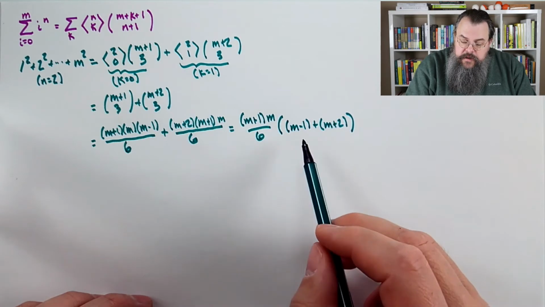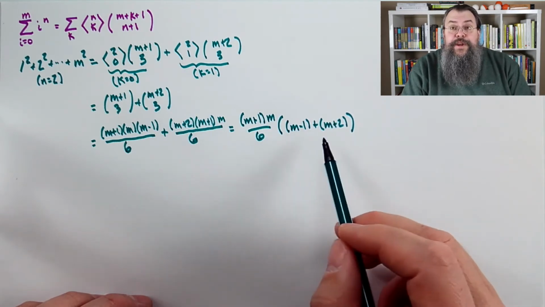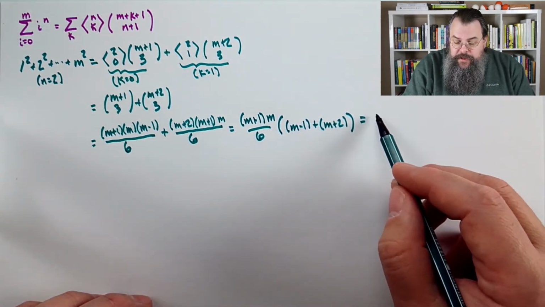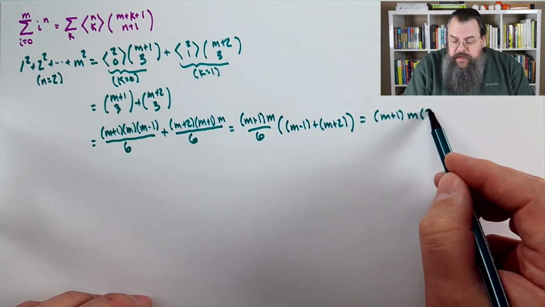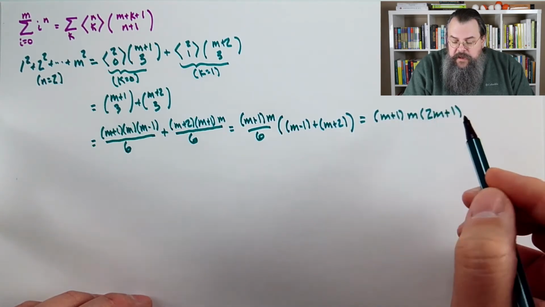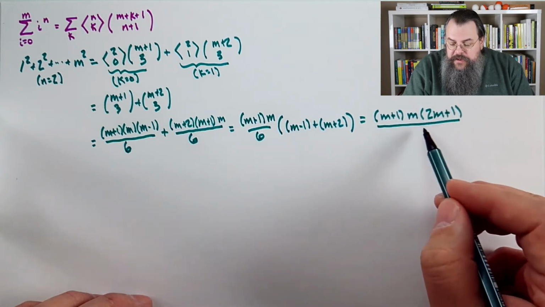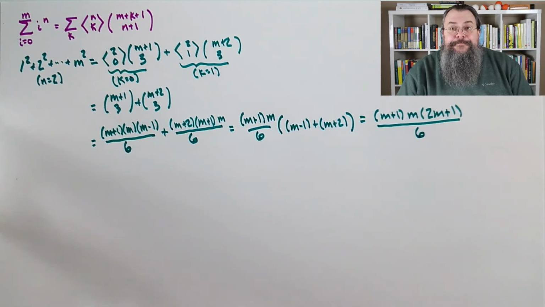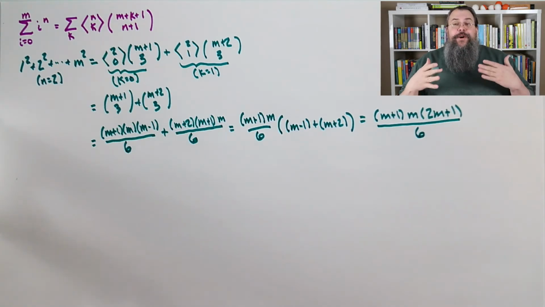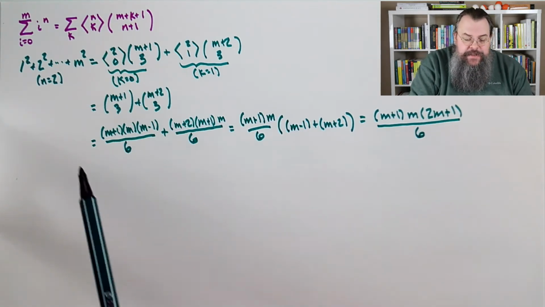And if we add those together, that's 2m plus 1, which leaves us with m plus 1 times m times 2m plus 1, all over 6. And that's the answer.